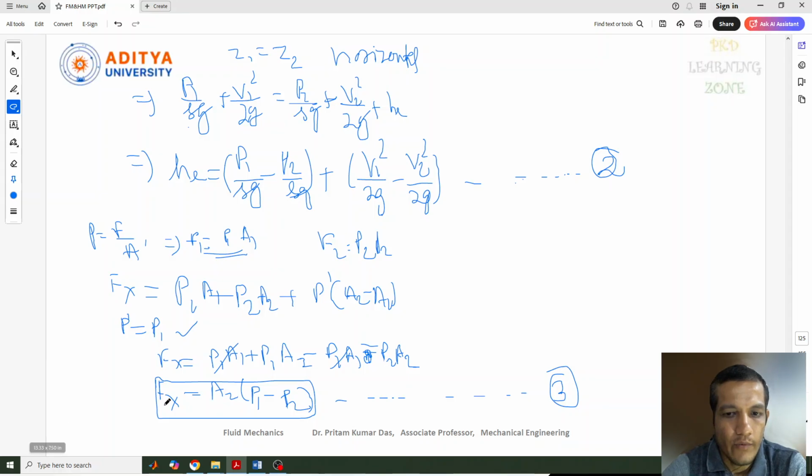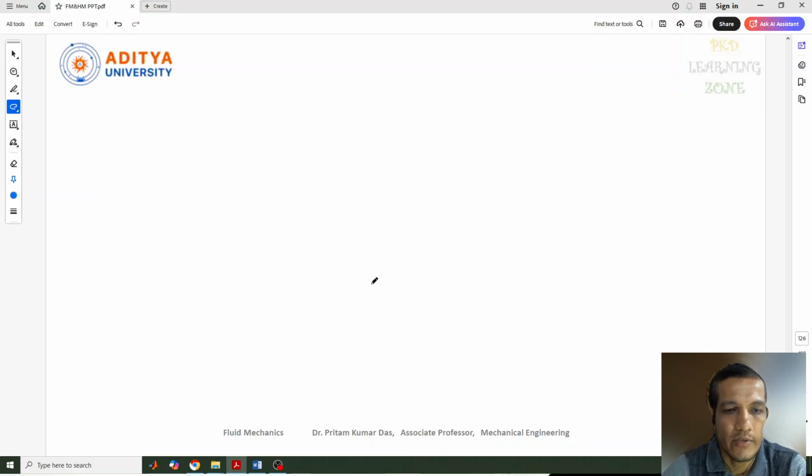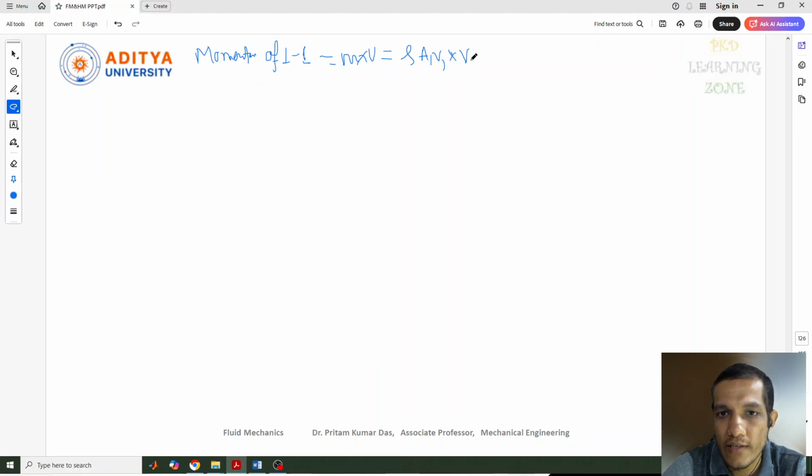Now what do we need to find out? Next we need to find the momentum of the liquid. Let's find the momentum of the liquid at section 1. Momentum equals mass into velocity, so mass is rho a1 v1, into the velocity v1, which is nothing but rho a1 v1 square.